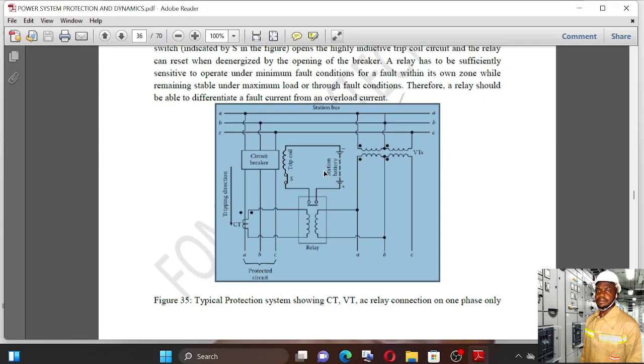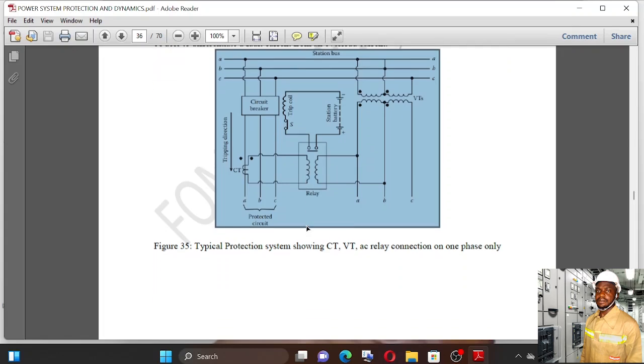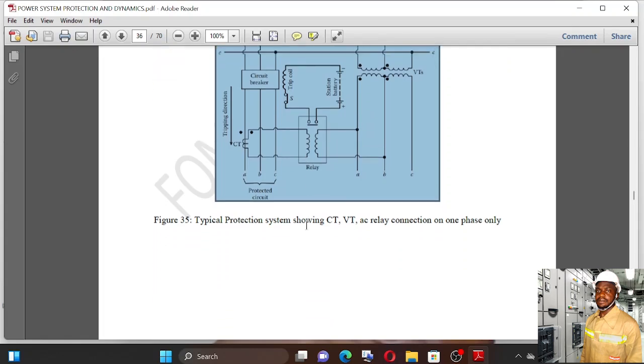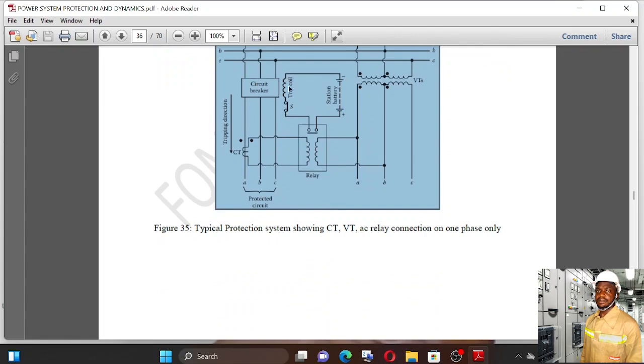It is the relay that is able to know whether there is a fault or not, based on the current readings from the current transformer and the voltage readings from the voltage transformer. With this, it's able to identify whether there is a fault before giving a tripping command to the circuit breaker.